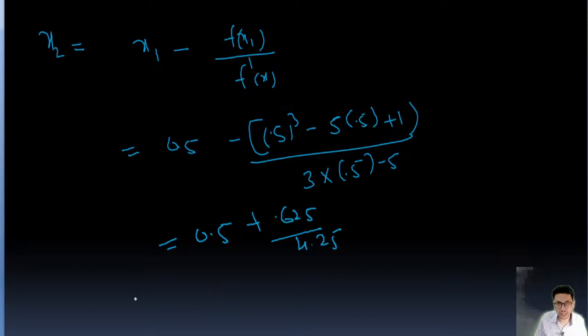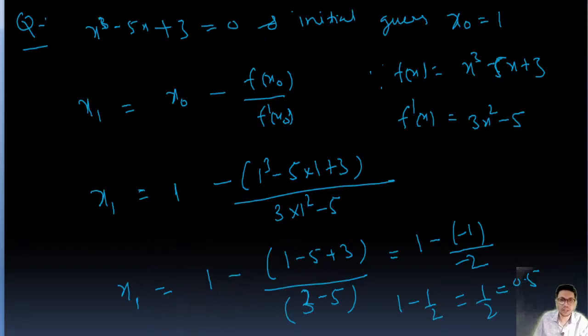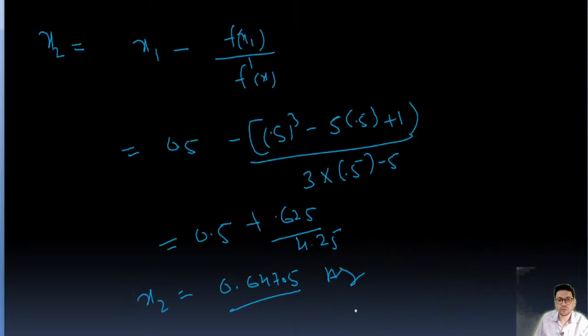So x2 value is going to be 0.64705. So this is the answer. So after second iteration, that is x2, the value of x is this. This is the second iteration, and this is the first iteration. Very simple question.